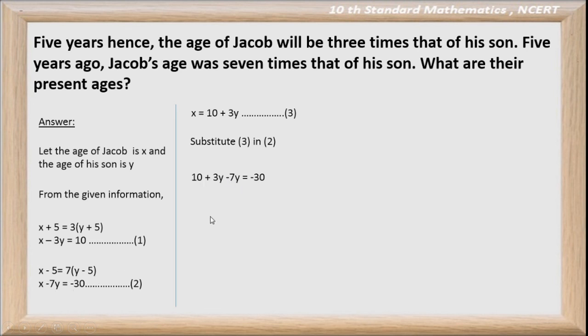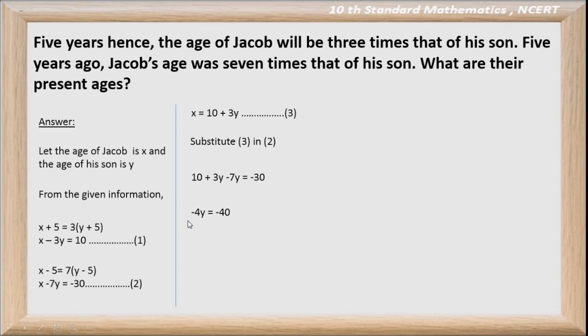The remaining part we can write: minus 7y equals minus 30. So 3y minus 7y is minus 4y. How do we add a positive number and a negative number? We subtract the smaller one from the bigger one and give the symbol of the bigger one.